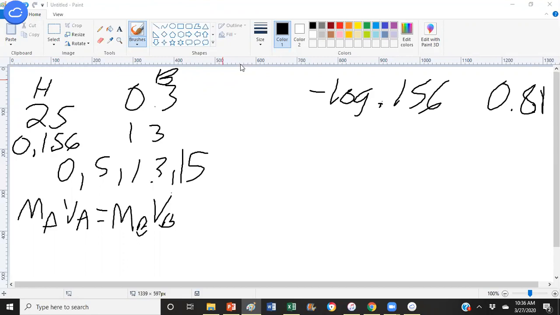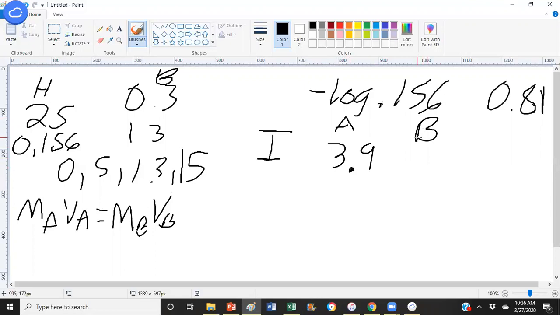At 13 mLs, the pH is just 7, because that's the equivalence point. But at 5 mLs, we use our ICE table. Step 1, what are the moles of acid? The acid is 25 mLs times 0.156, or 3.9 millimoles.